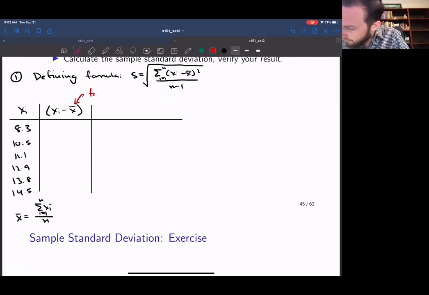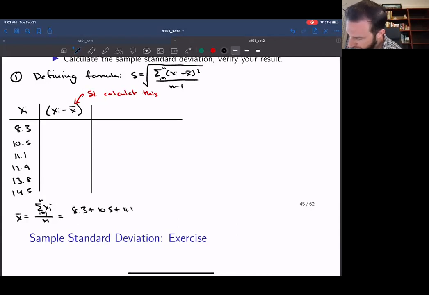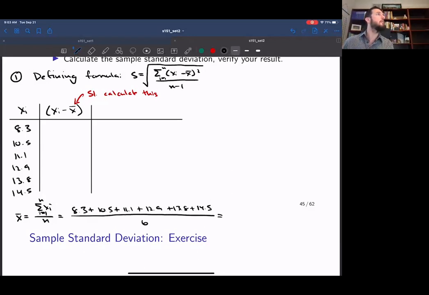Step 1, calculate this. Okay, so we know that this basically just means we want to add the values together and divide by the number of values. So that gives us 11.85.